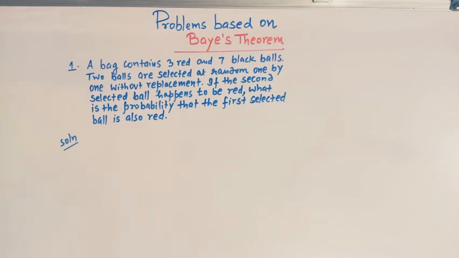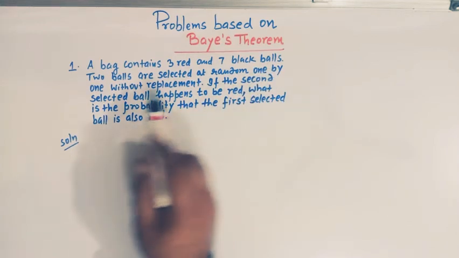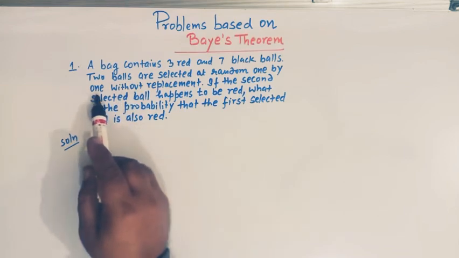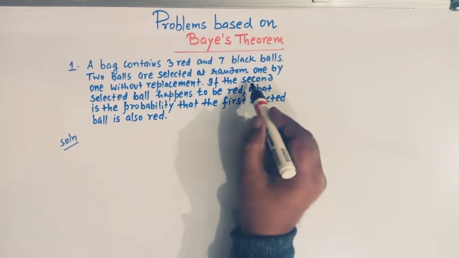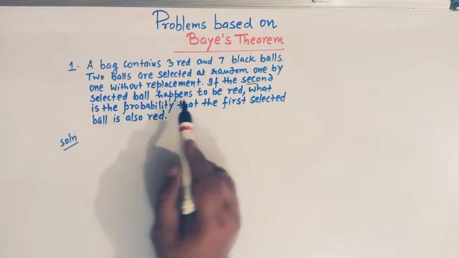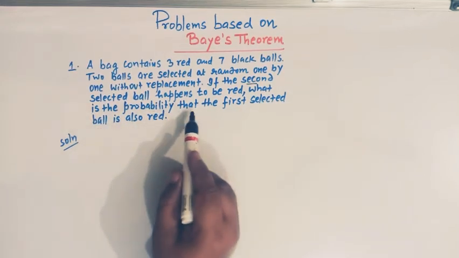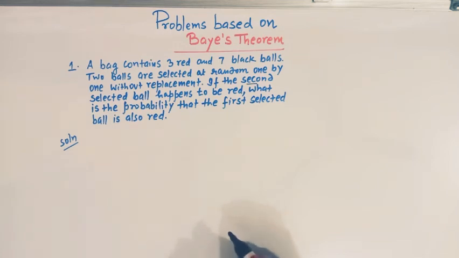The problem says a bag contains 3 red and 7 black balls, and 2 balls are selected at random one by one without replacement. Now if the second selected ball happens to be red, what is the probability that the first selected ball is also red?